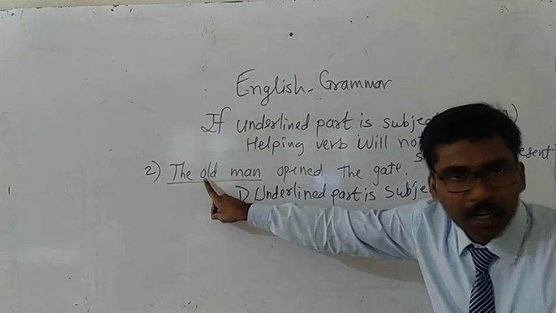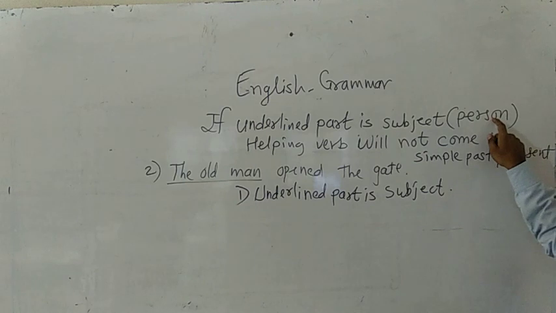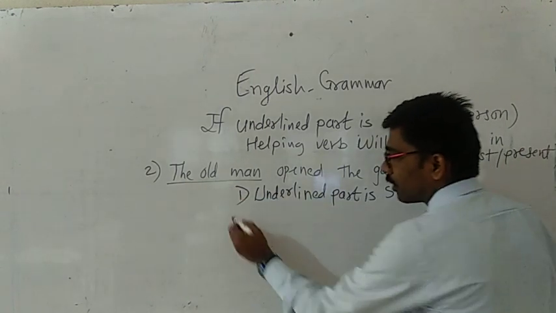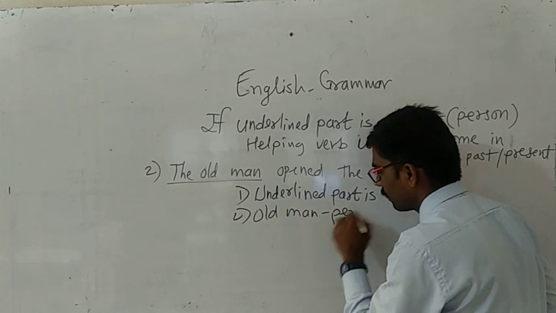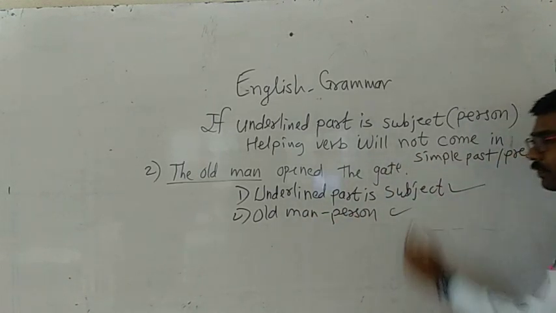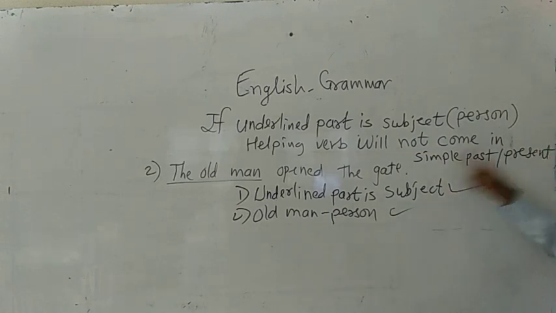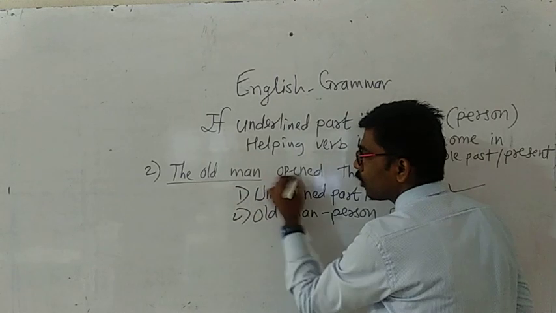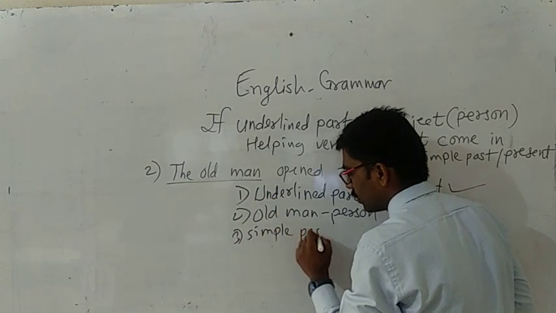Next, it should be a person. So the old man is a person. So two rules are correct. And it should be in simple past or present tense. The old man opened. This is simple past.